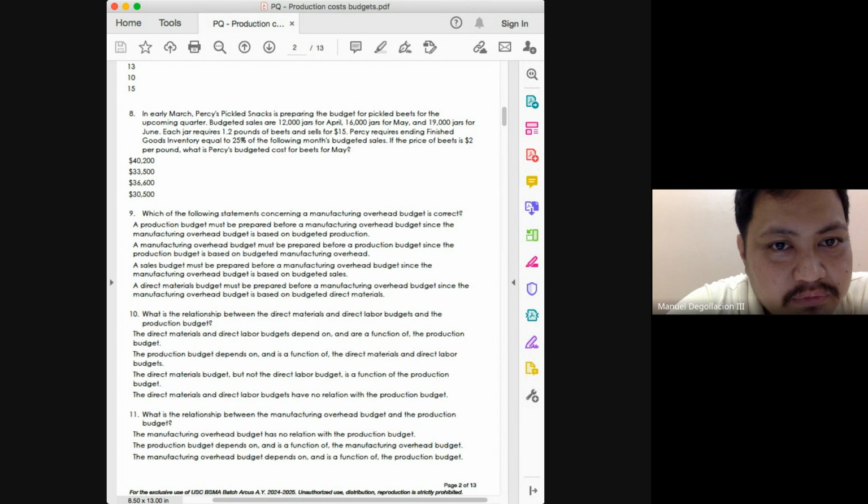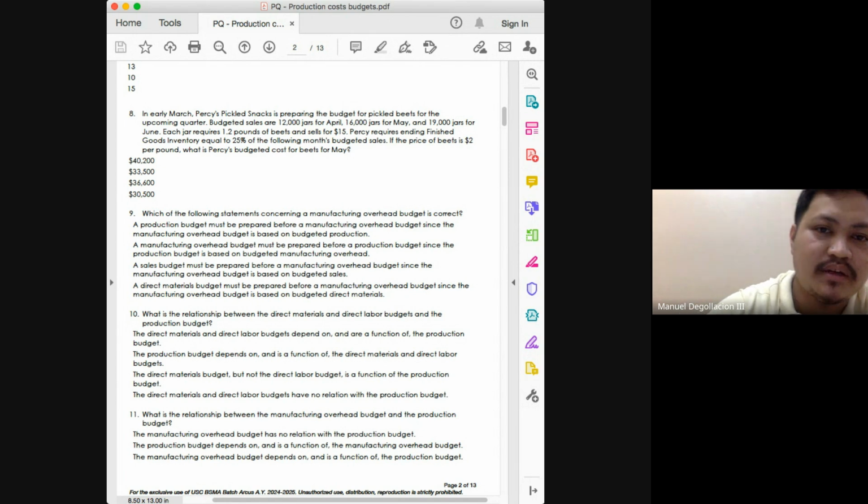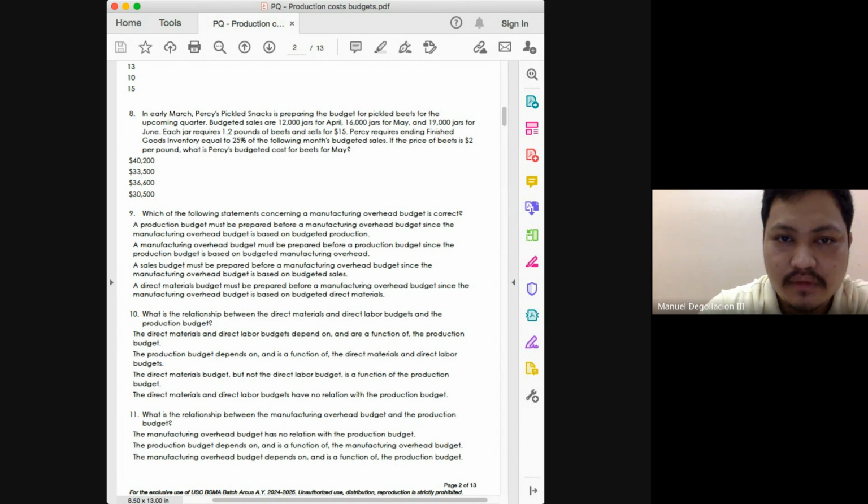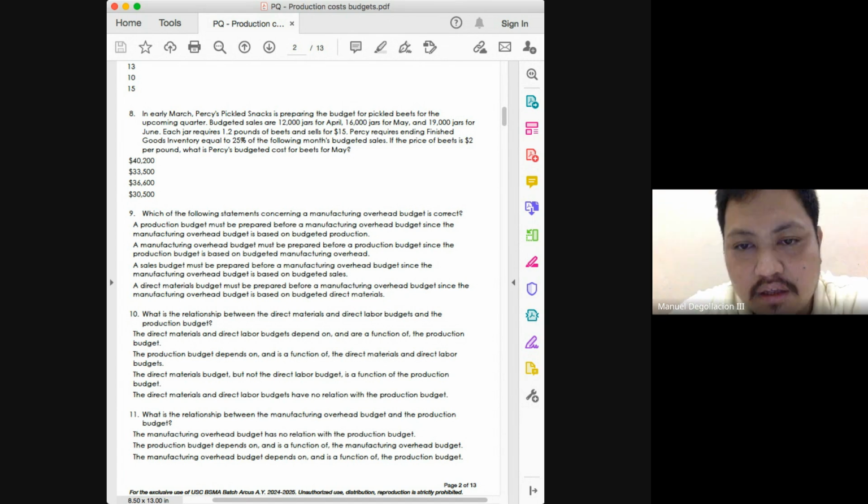You need 16,000 jars for May, but you do not just budget for 16,000, because by the end of May, you must be equipped with 25% for next month's budget. And for June, the budget is 19,000. So that means you have to prepare for 25% of 19,000, which is 4,750.